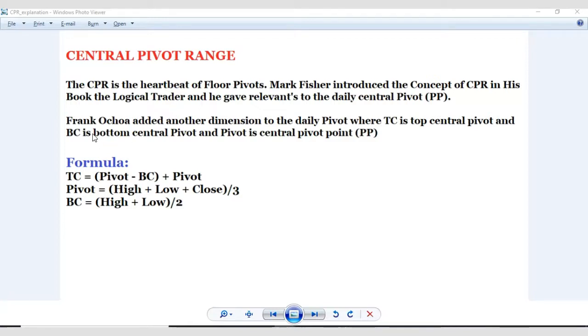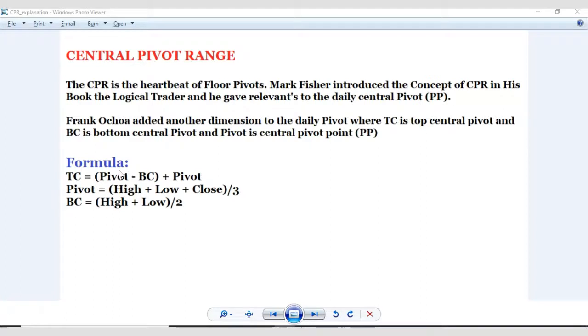Frank Ochoa is a guy who added another dimension to the daily pivot. TC means top central pivot and BC is bottom central pivot, and PP, we already know, is the central pivot point.